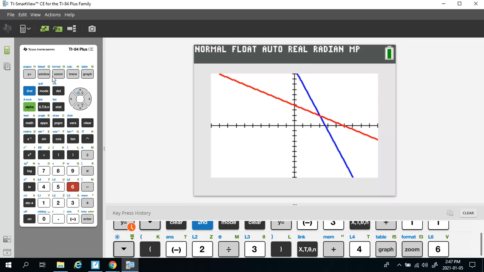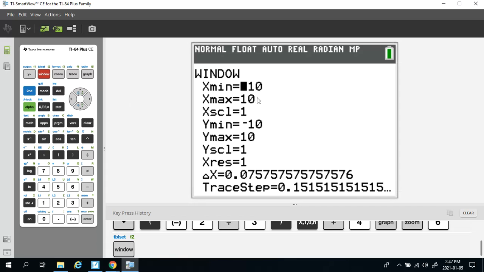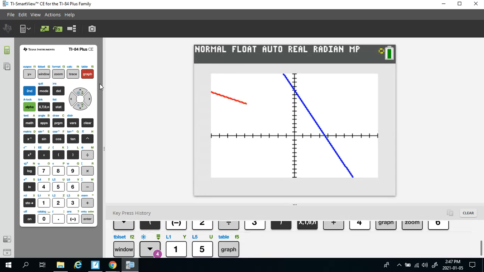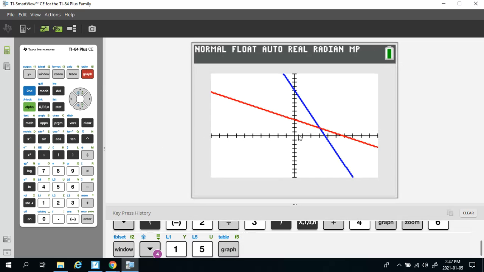So I'll go to the window, and in the place of y max, what it's telling you here is that the biggest y value on the grid is positive 10. So how about we turn it to 15? Just make it a little bit bigger. Let's go back to the graph now. So now the biggest y value at the top here is positive 15, and now I can see the x and y intercepts for both graphs.